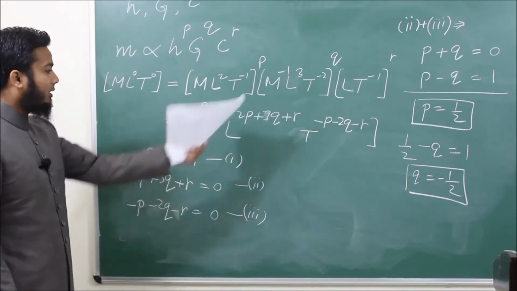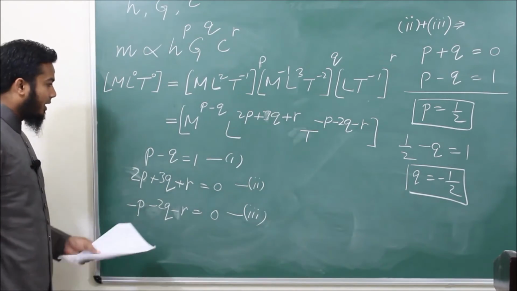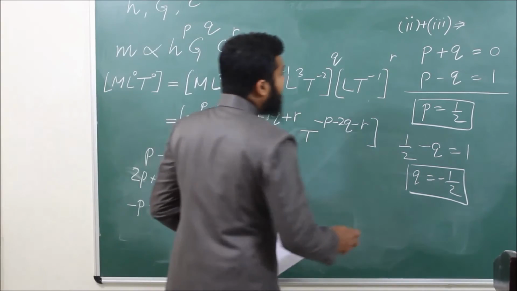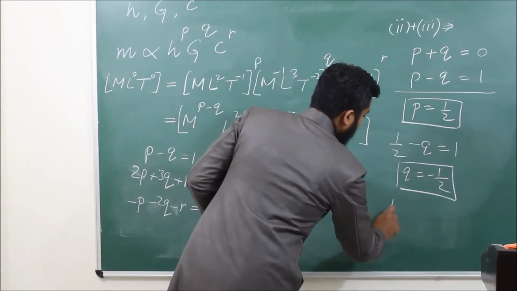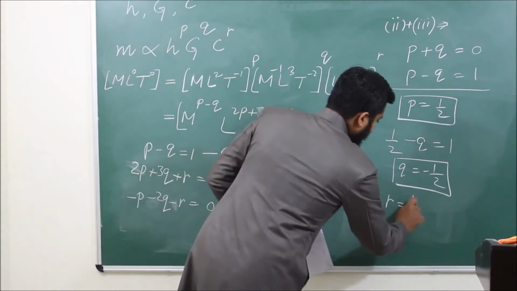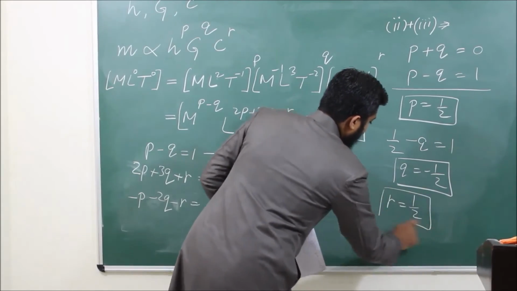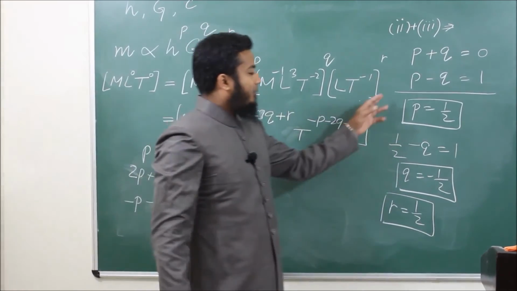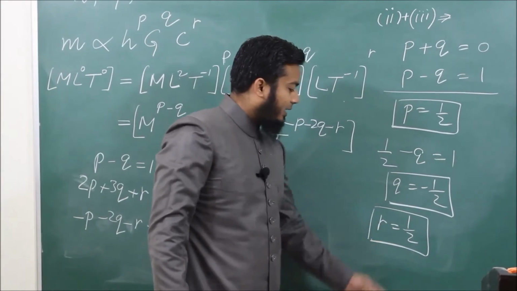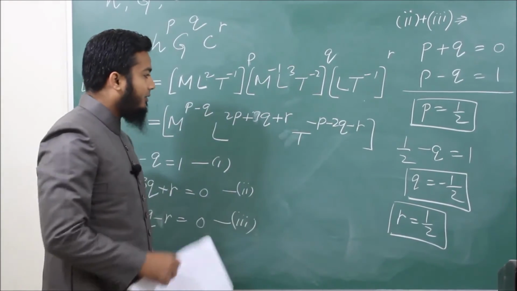Now you can put these values in either of these equations, and the value of the last term r will come out to be half again. So the value of p is plus half, q is minus half, and r is plus half.